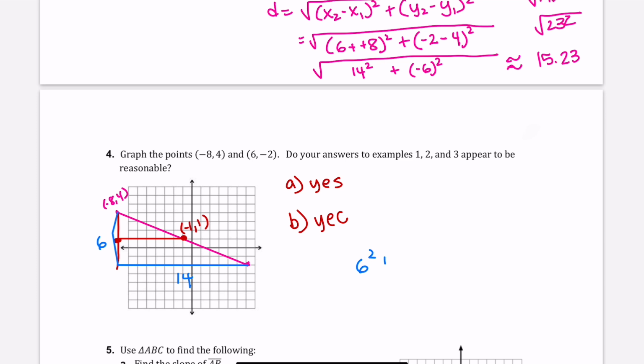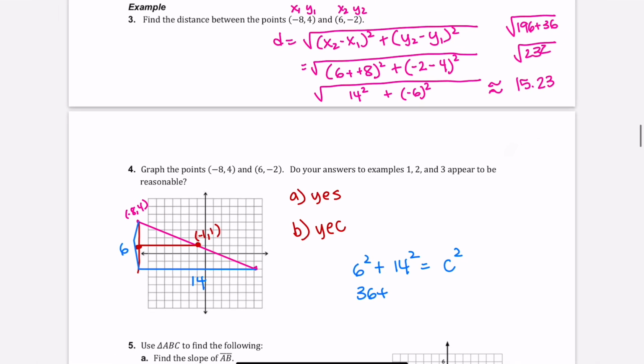So 6 squared plus 14 squared will equal c squared. 36 plus 196 equals c squared. This is 232. And that will equal our c squared. So if I take the square root of that, that will give me what I got up above. And so, yes, C is also going to be a good answer.